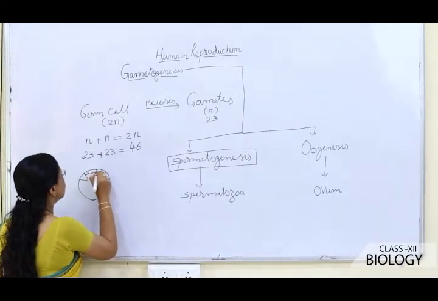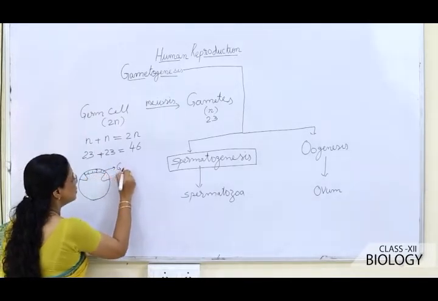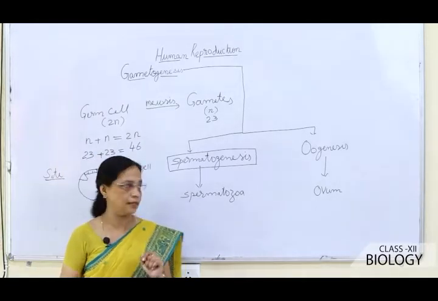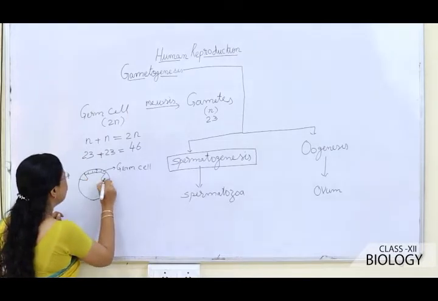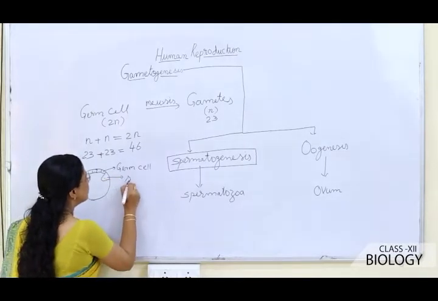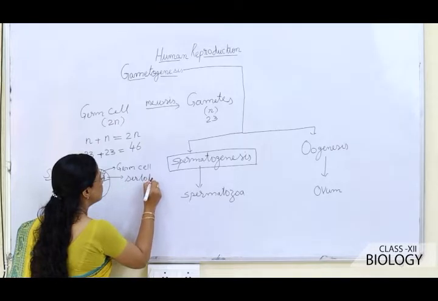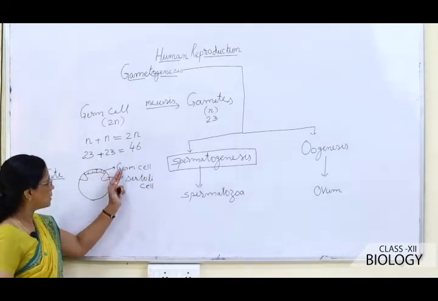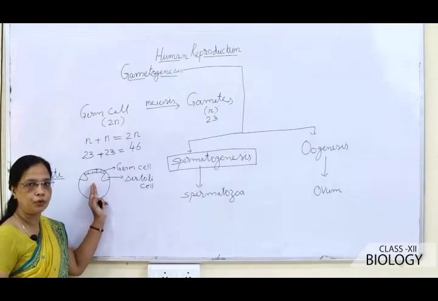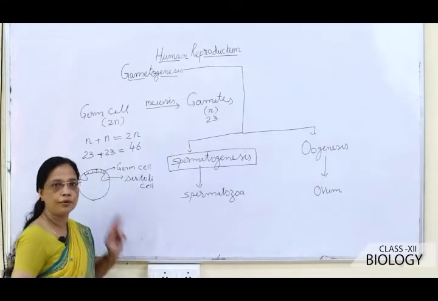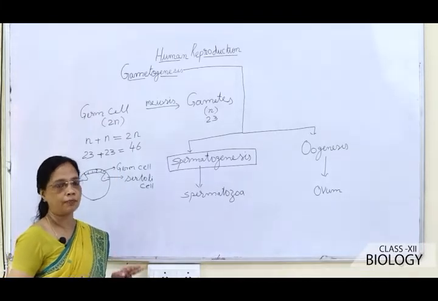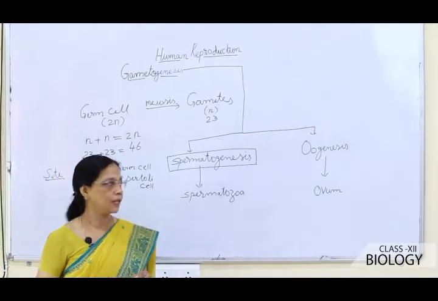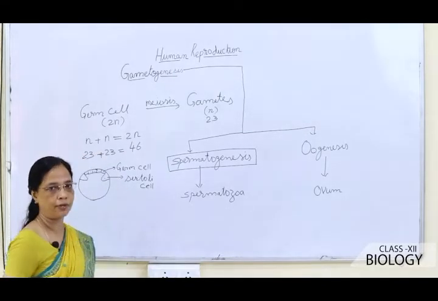These cuboidal cells are known as germ cells, or spermatogenic cells, and these pyramidal cells are known as Sertoli cells. Spermatogenesis takes place inside the seminiferous tubule. That means the germ cells undergo division and form spermatids, which are converted into spermatozoa.